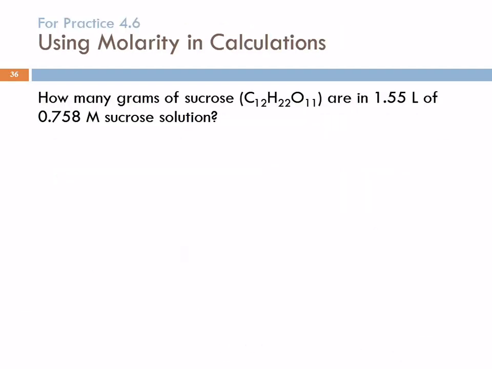Let's do an example. How many grams of sucrose are in 1.55 liters of 0.758 molar sucrose solution? Well, let's just write some stuff down. I've got 1.55 liters, and I've got 0.758 capital M. The capital M for molarity is very convenient on the computer because it's not a fraction.